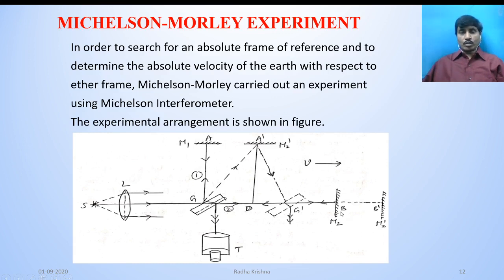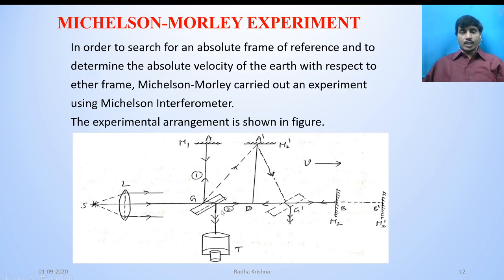M1 and M2 are two optically plane mirrors placed perpendicular to each other. The distance of M1 from G is L and the distance of M2 from G is also L. T is a telescope which is used to observe the interference pattern.